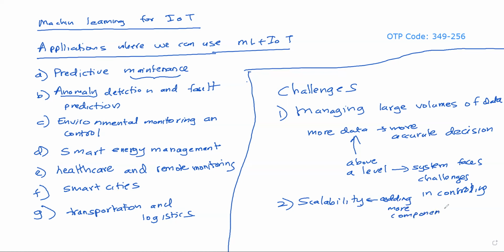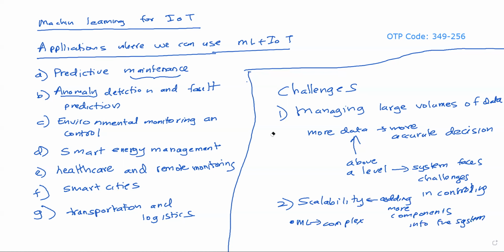Once we add more and more components into the system, the machine learning algorithm also gets complex, and therefore sometimes it's difficult to get updates from our machine learning algorithm with efficiency. That means sometimes there could be a delay.